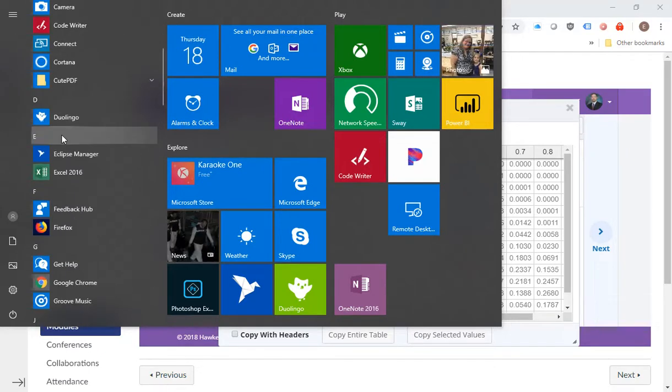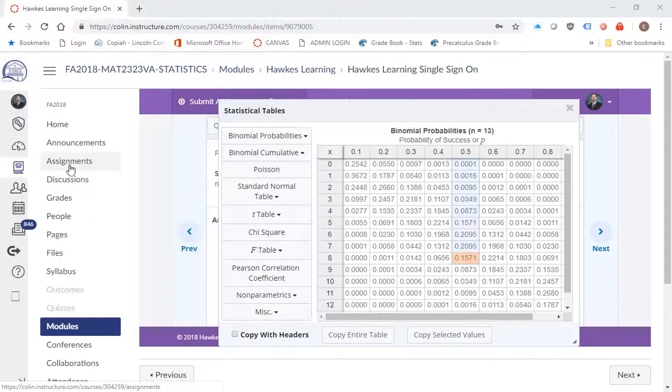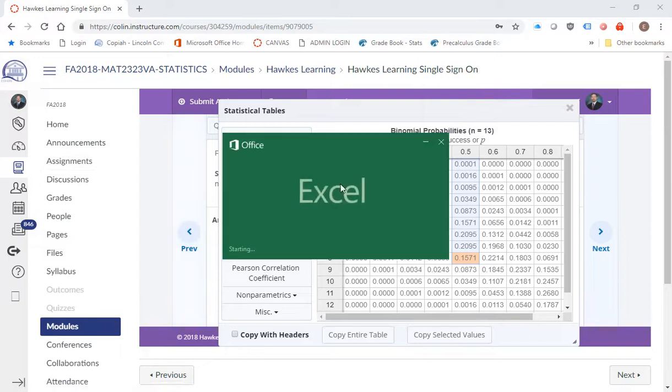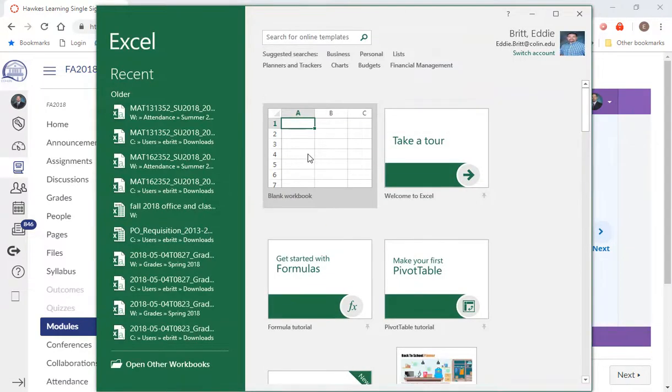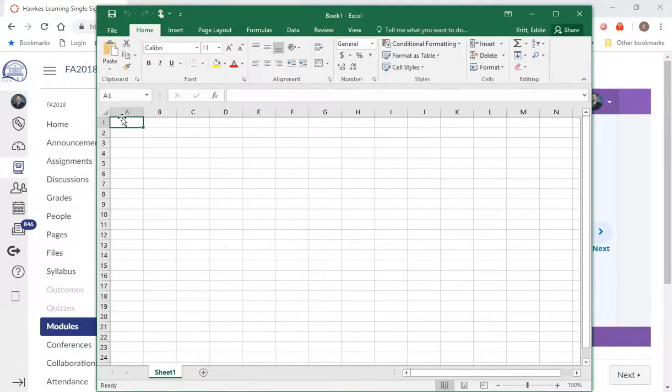Microsoft Excel, because Excel has calculators built into it. Everybody should have Excel. You can even download it for your cell phone if you have a cell phone that can run all of this Microsoft stuff. Anyway, so what I'm going to do is I'm going to put all of that stuff here. That's everything I had copied.